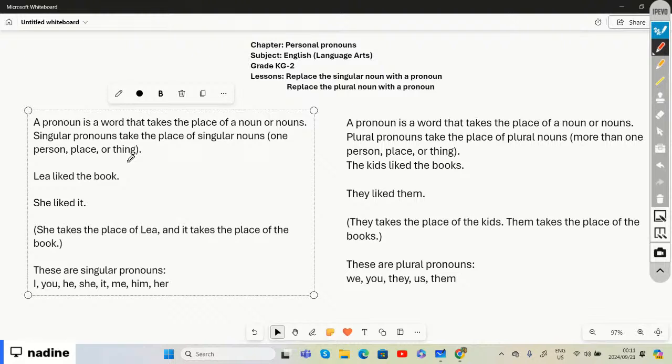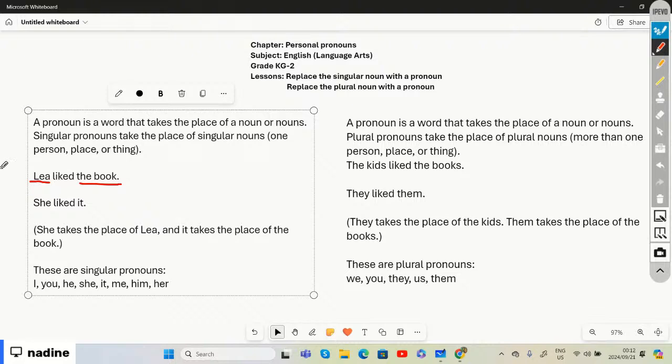Leah refers to one person. Leah is a noun. The book is also a noun, because Leah names a person and the book is a thing.